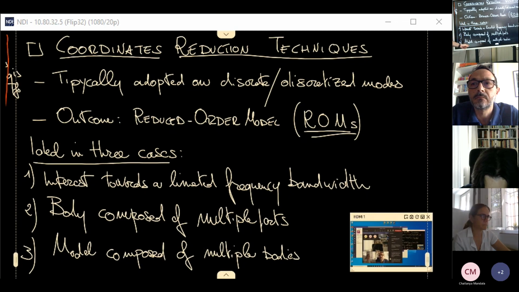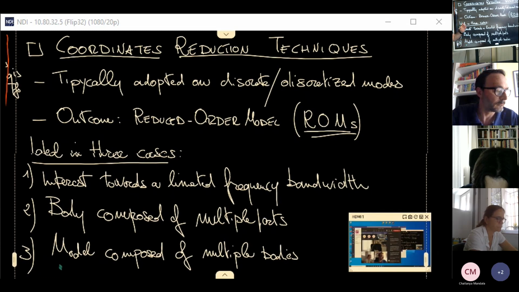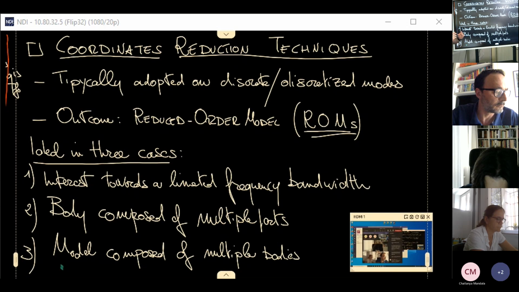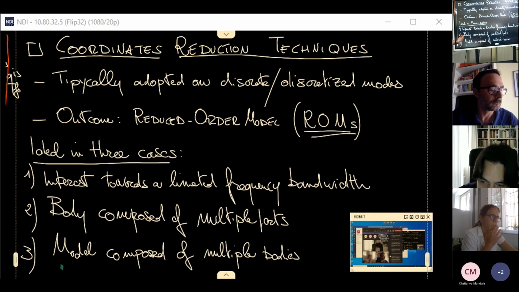From another point of view, in item 3, you reduce the number of degrees of freedom of a body within a collection of bodies, still retaining the difference between the different bodies, which will eventually be connected somehow, through a certain boundary condition or constraint equations.